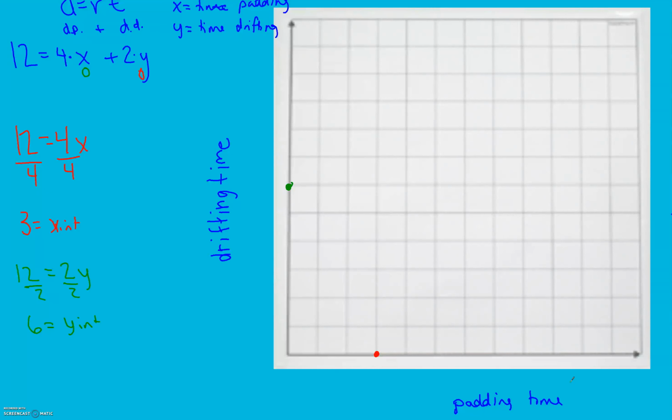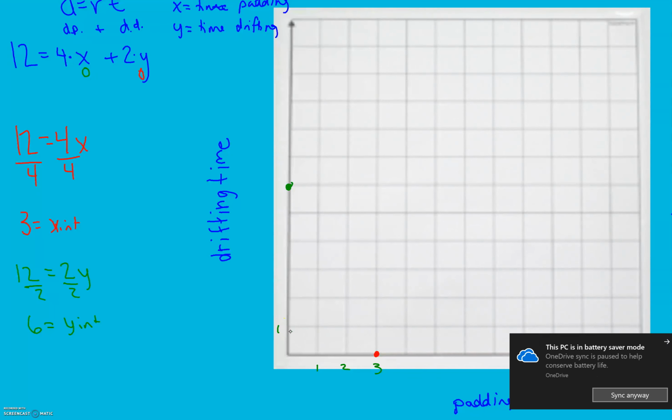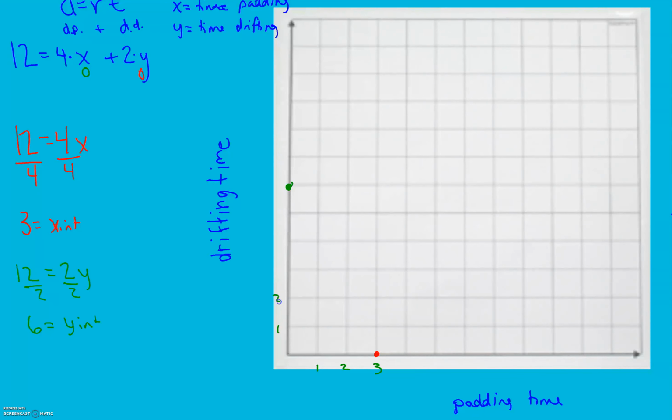So if I paddle the entire time, it's going to take me 3 hours. Plugging a 0 in for x to find my y means I'm never paddling, I'm just drifting the whole time.